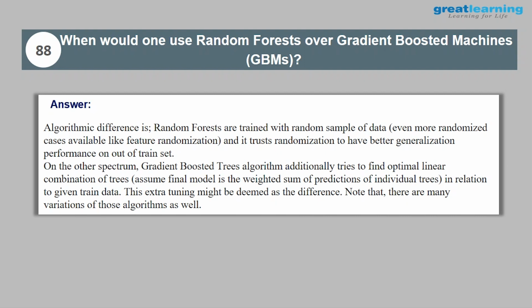On the other end of the spectrum, the gradient boosted trees algorithm additionally tries to find an optimal linear combination of trees. Assume the final model is a weighted sum of predictions of individual trees in relation to the given training data. This extra tuning might be deemed a difference. Note that there are many variations of those algorithms as well.